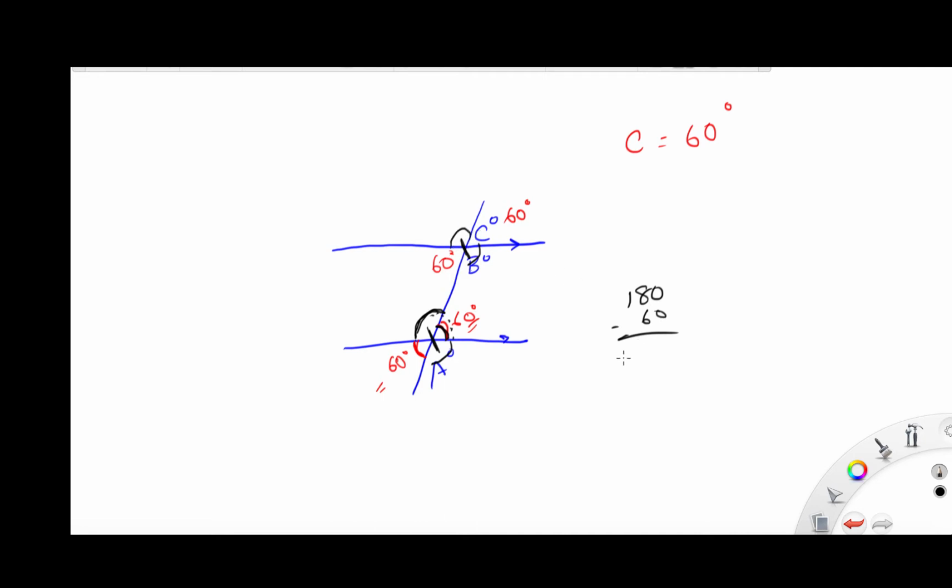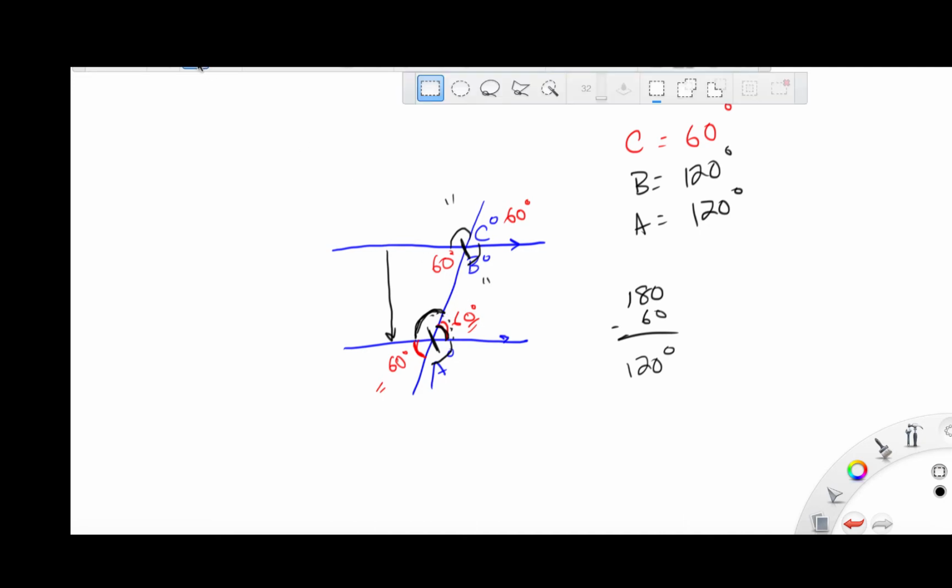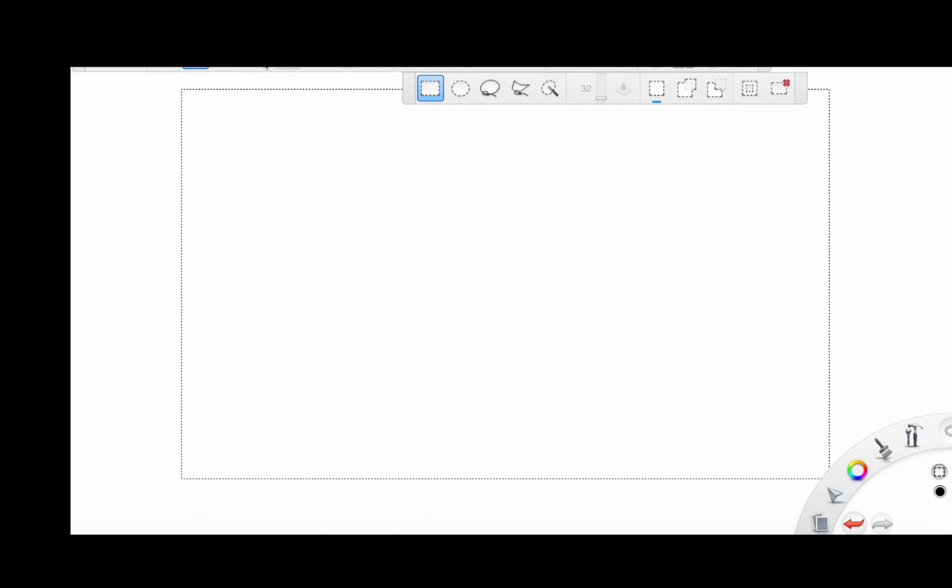What is that? Well, 120 degrees. So B equals 120 degrees and A is equal to 120 degrees. The nice thing about parallel lines is that their angles are also the same. So that's how you can find transversal angles without too much of a problem.